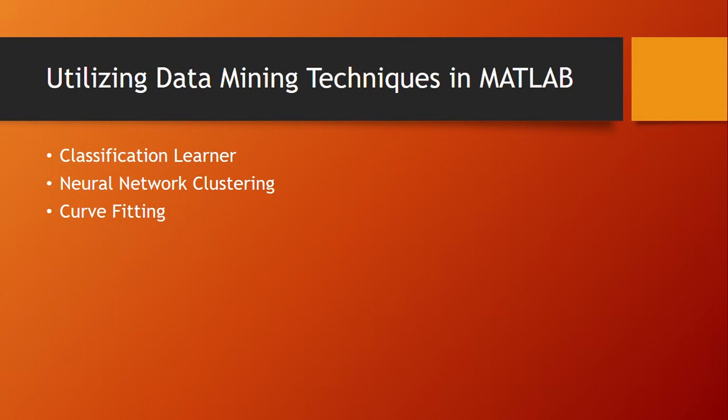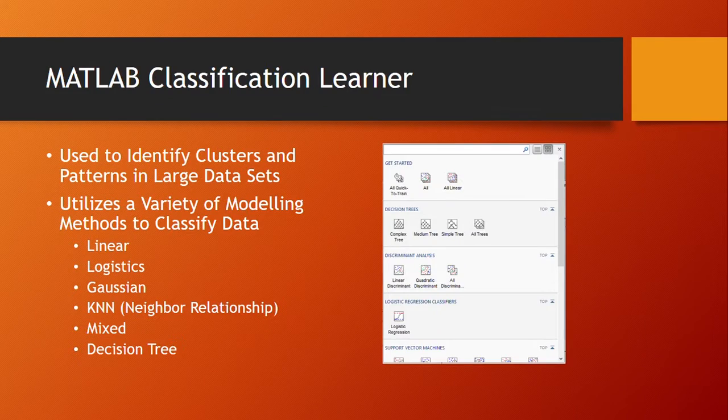So the 3 paradigms that I'm going to be talking about are the classification learner, neural network clustering, and curve fitting. As I said previously, classification, clustering, and regression are the overarching concepts that each one of these tools can address. So the MATLAB classification learner is used to identify clusters and patterns in large data sets, and it utilizes a variety of modeling methods to classify the data.